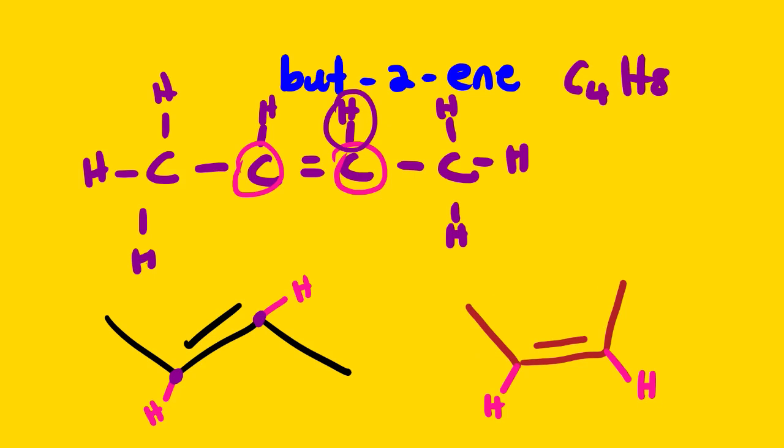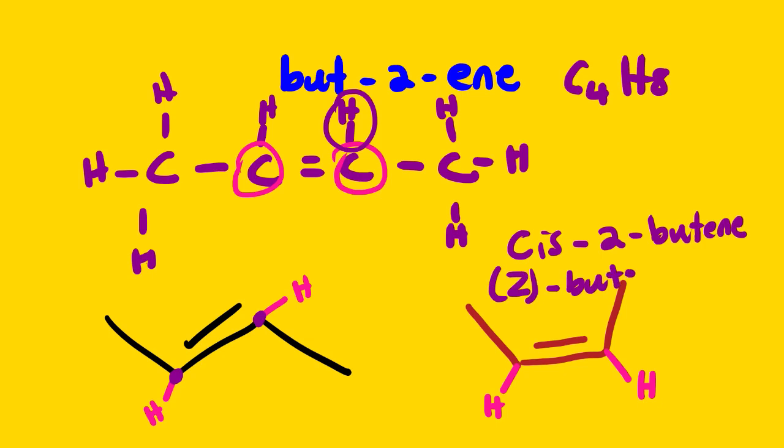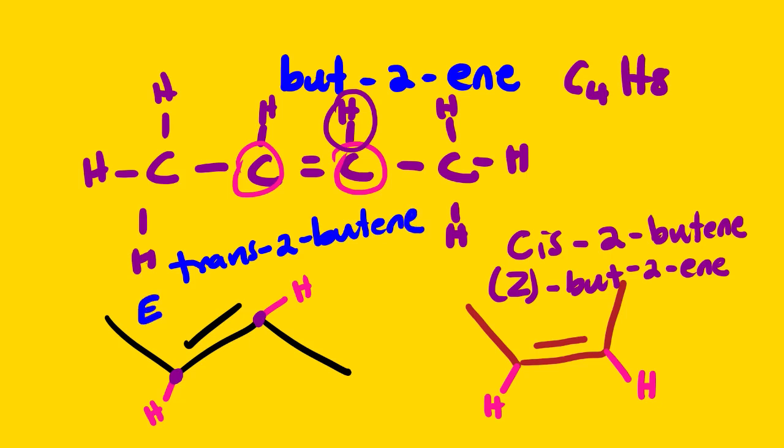So we know that the moment we have the major groups on the same side, we have cis-2-butene, or we can say it's Z-but-2-ene. And the one where we have the major groups on different sides, we have trans-2-butene, or E-but-2-ene.